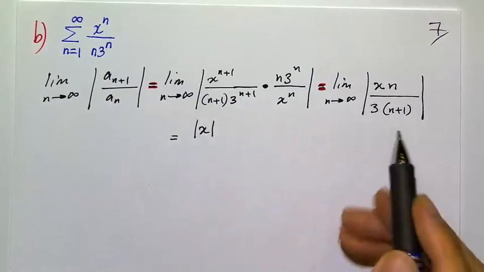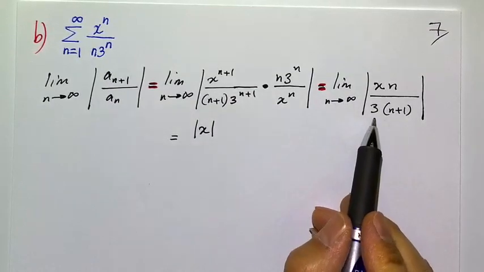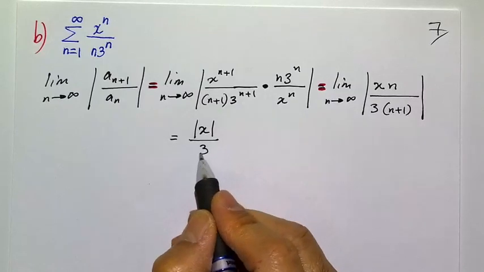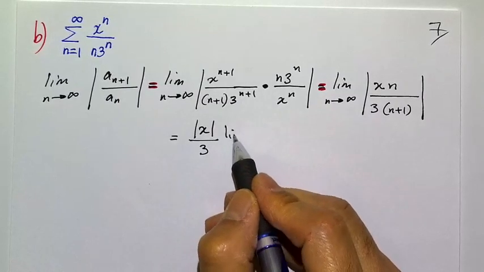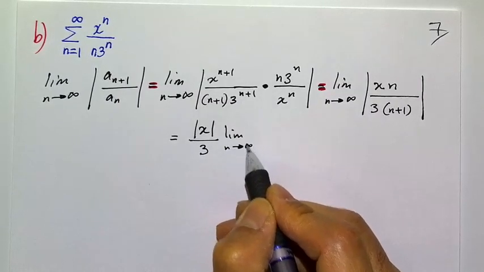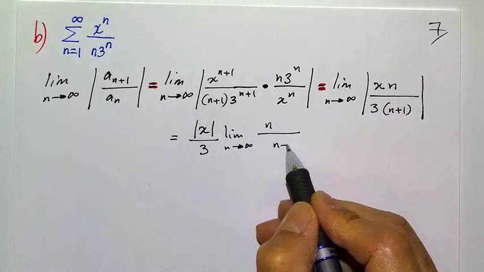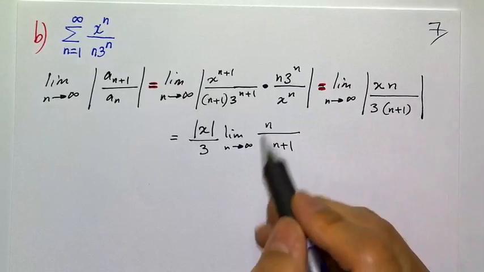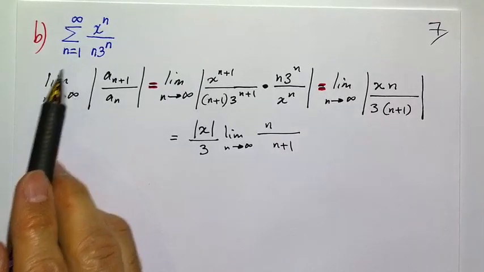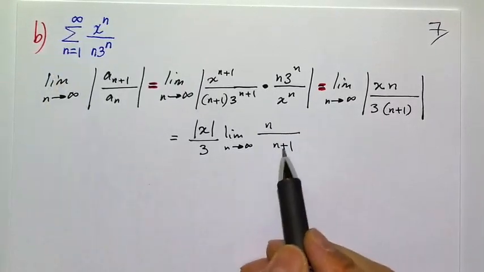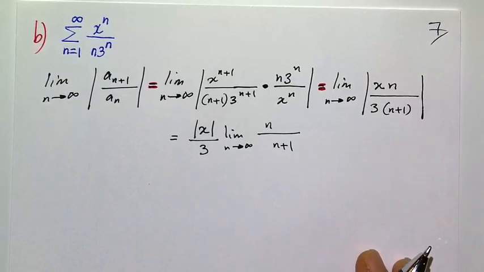So absolute value of x can come out, and 3 also can come out. And then we have the limit as n goes to infinity of n over n plus 1. Notice that I removed the absolute value for this because n is always positive anyway, so we don't need the absolute value.